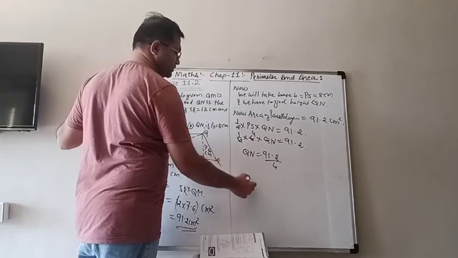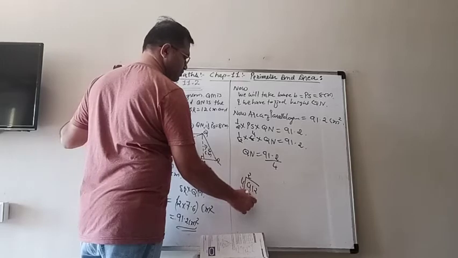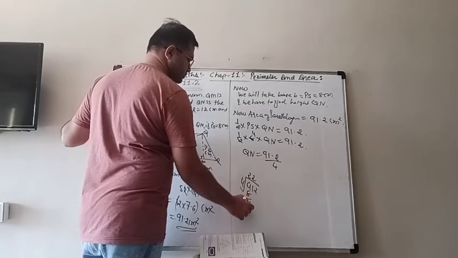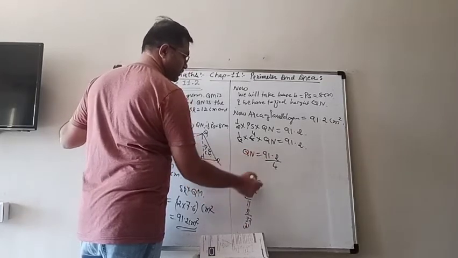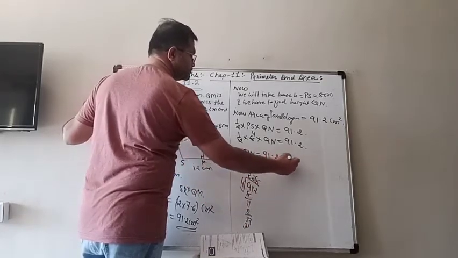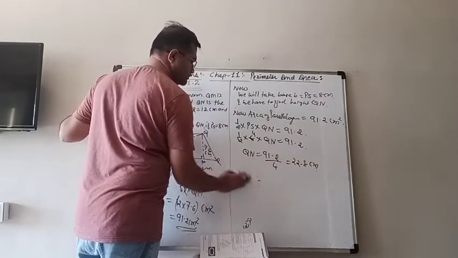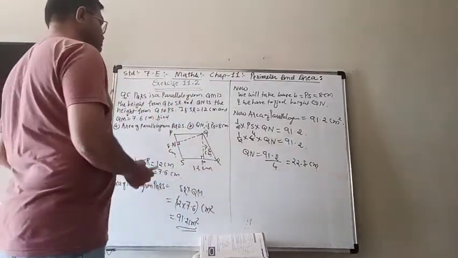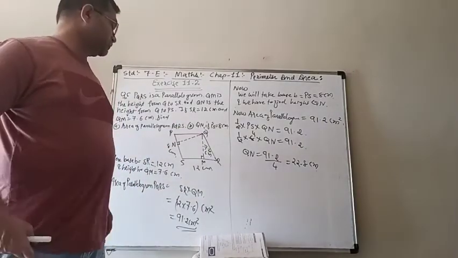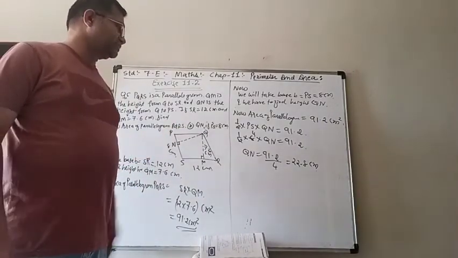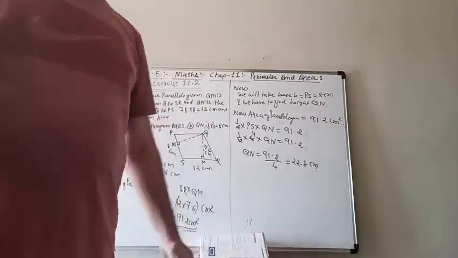So now we have to divide 912. 4 2s are 8. 4 2s are 8. 4 8s are 32. But it was 91.2, so we will put 22.8 centimeter. So first we have to find the area, and taking the same area, we have to take a set of another base and height, so that we can find the area like this.